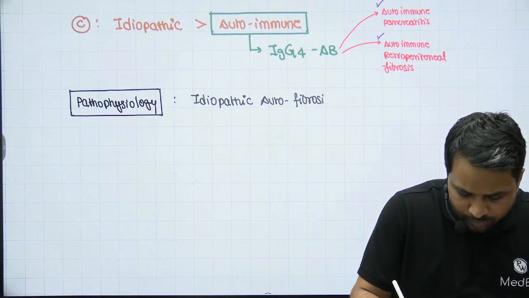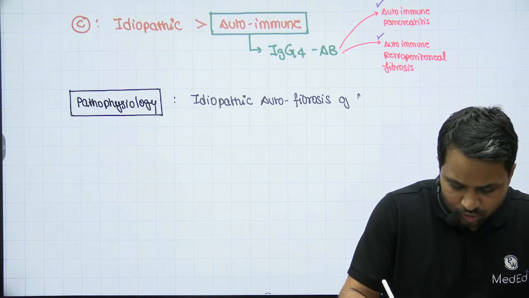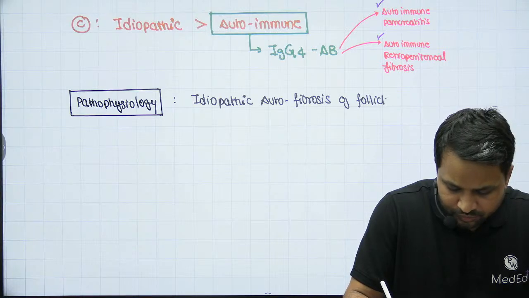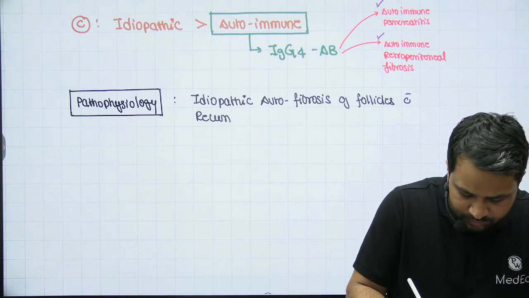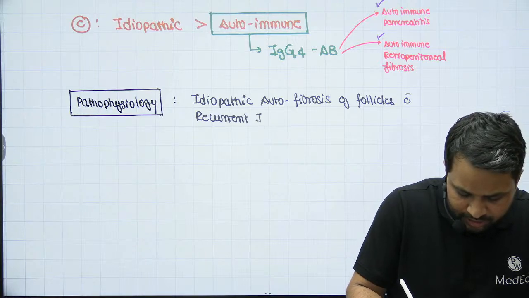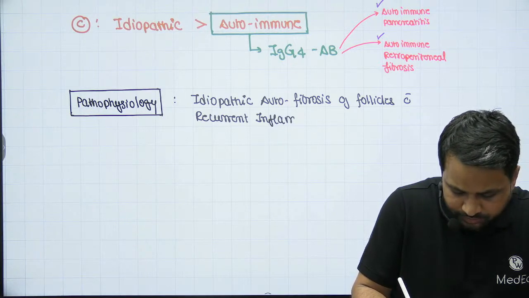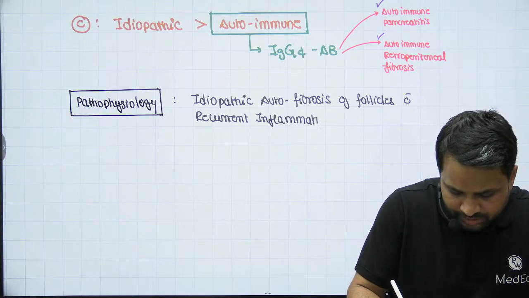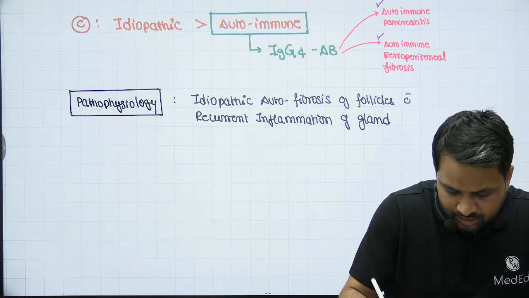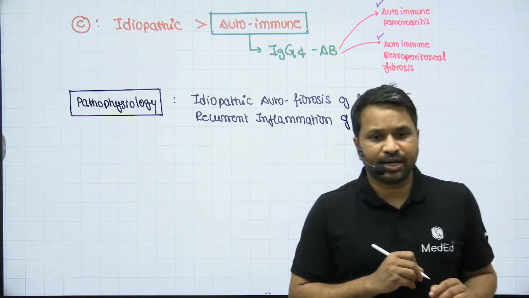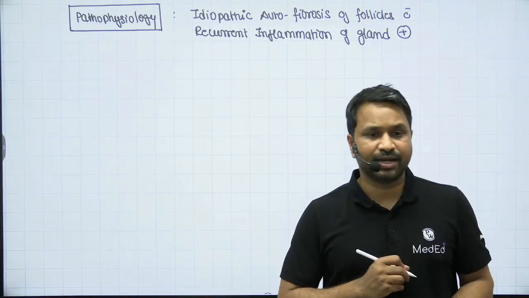It is an idiopathic autofibrosis of follicles with recurrent inflammation of the gland. Recurrent inflammation of the gland is noticed.